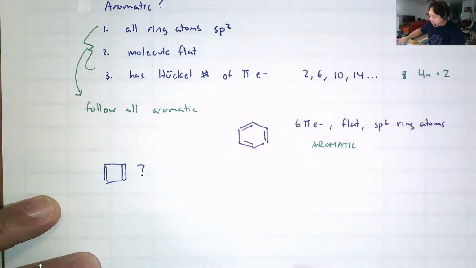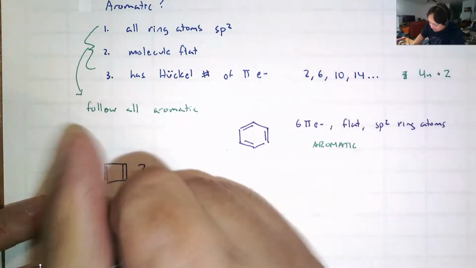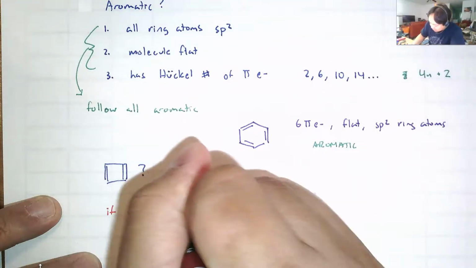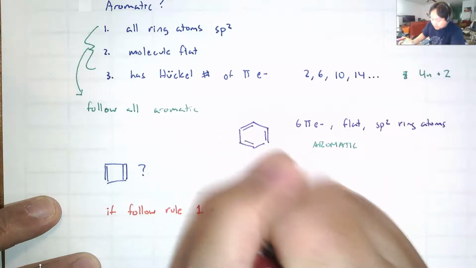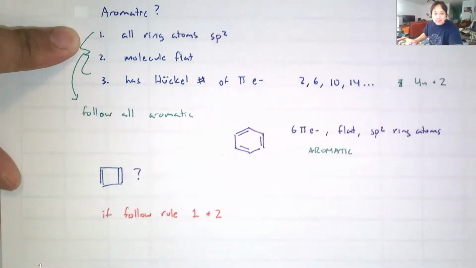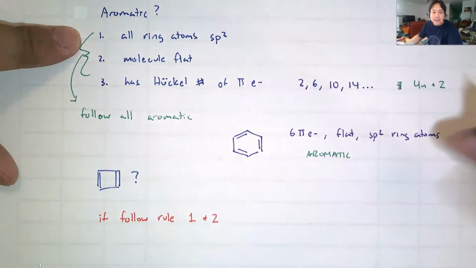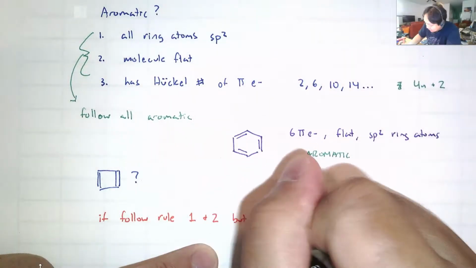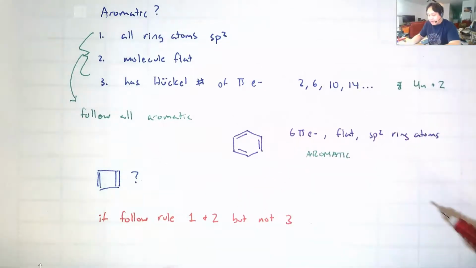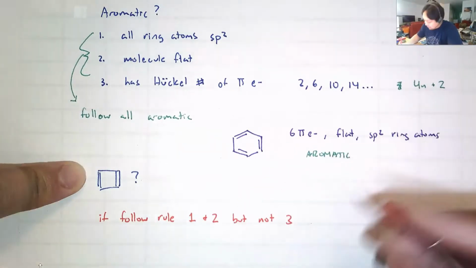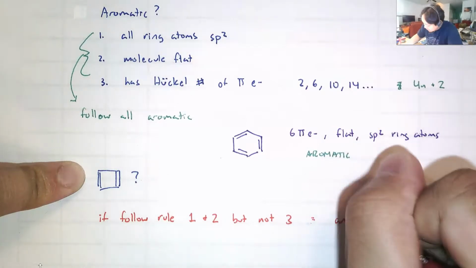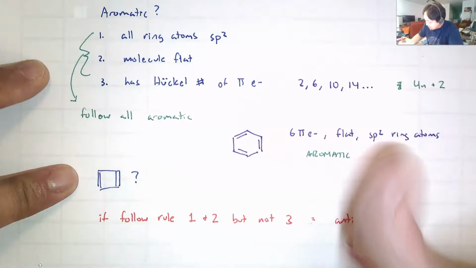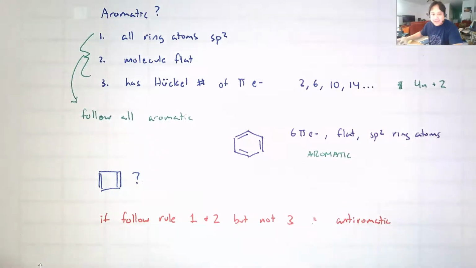Well, that rule is this: if you follow rules 1 and 2, all ring atoms are sp2 and the molecule is flat, but not rule 3, you are what's called anti-aromatic.